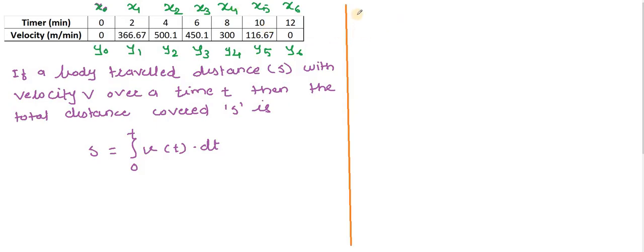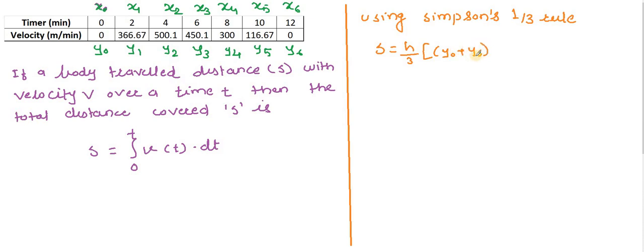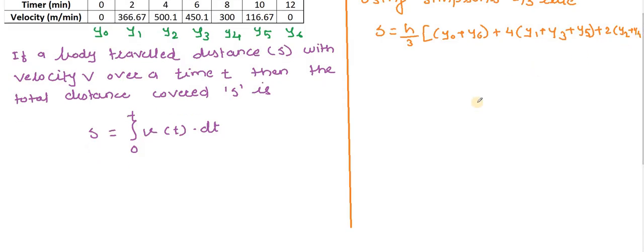Using Simpson's one-third rule, S equals h by 3, this is the formula, times y0 plus y6 plus 4 times y1 plus y3 plus y5 plus 2 times y2 plus y4.